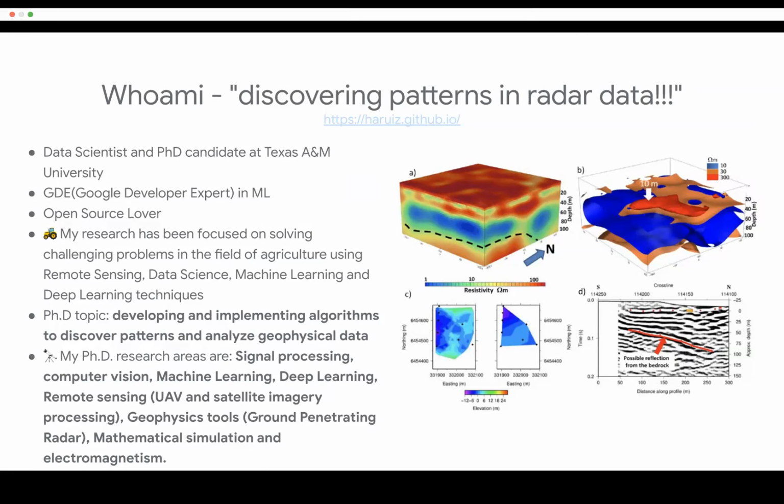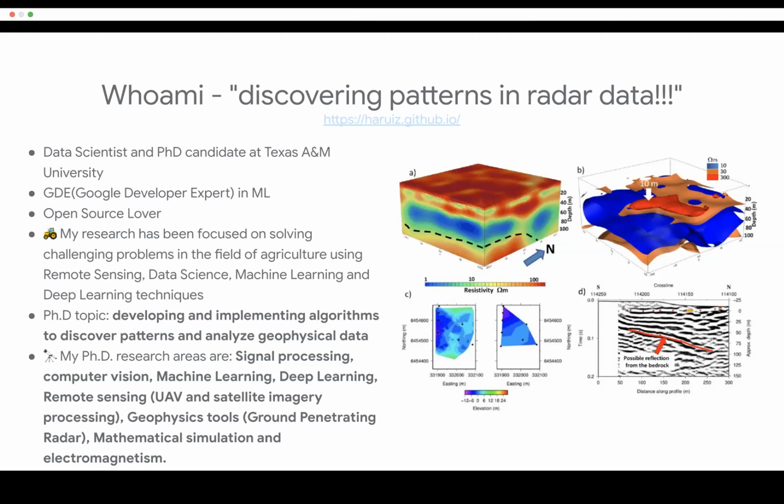I'm a PhD student in my last semester, so I expect to graduate pretty soon. I have been working on an intersectional project related to computer science and geophysics, analyzing ground penetrating radar, and applying this in the agriculture context.